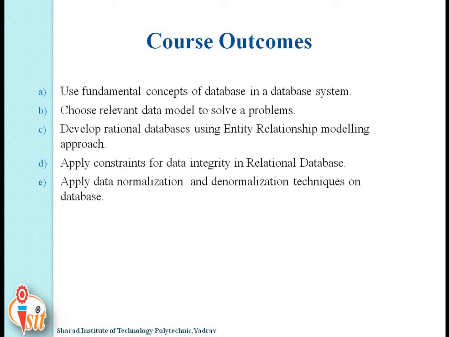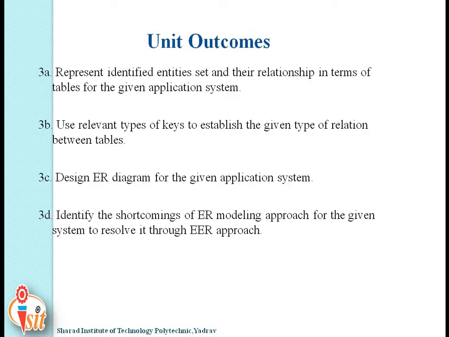But to achieve this course outcome, you should be able to perform the following unit outcomes. First one, represent identified entity sets and their relationship in terms of tables for the given application system. The second unit outcome is use relevant types of keys to establish the given type of relation between tables. Next one is you all are able to design ER diagram for the given application system.